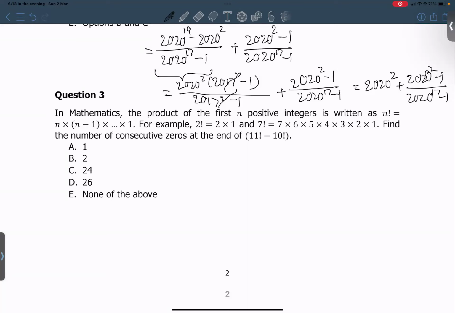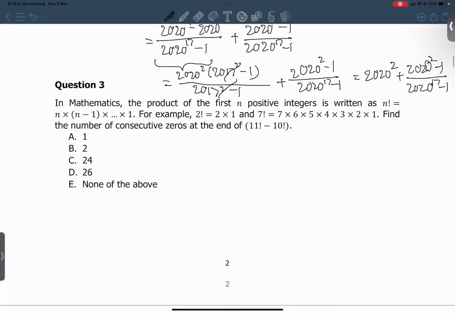Okay, thank you. So from this question, they are asking for the number of consecutive zeros at the end of 11 factorial minus 10 factorial. From what they gave as an example, you can write 11 factorial equals 11 times 10 times 9 times 8 all the way to 1, or equals 11 times 10 factorial.